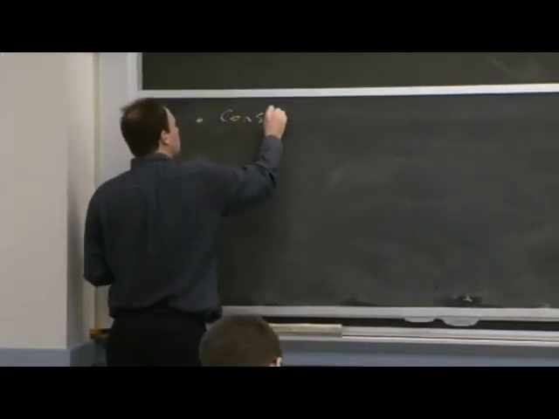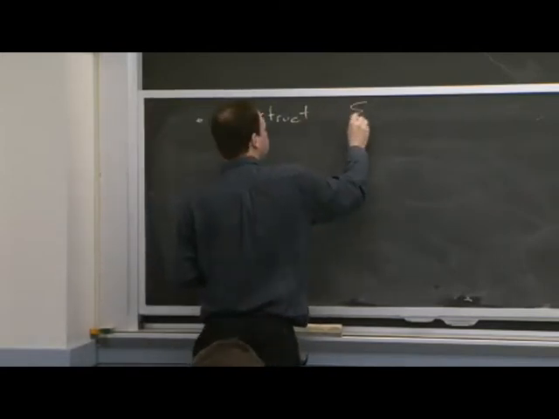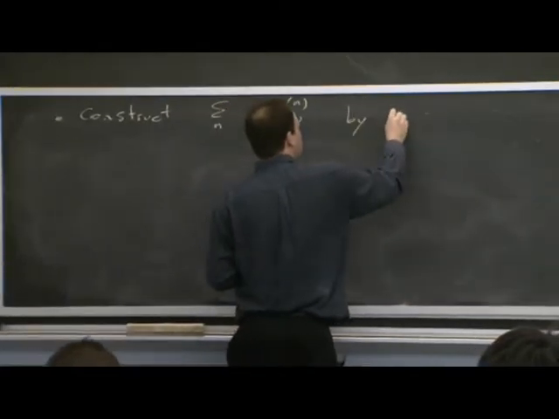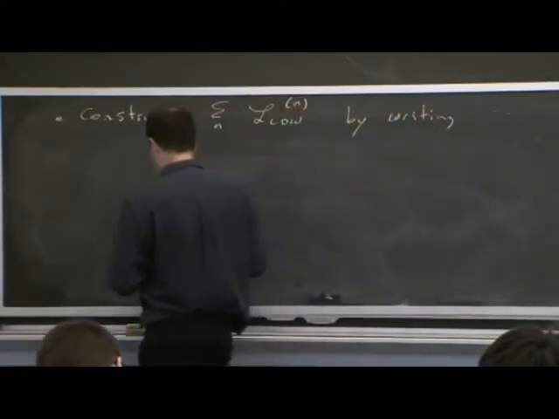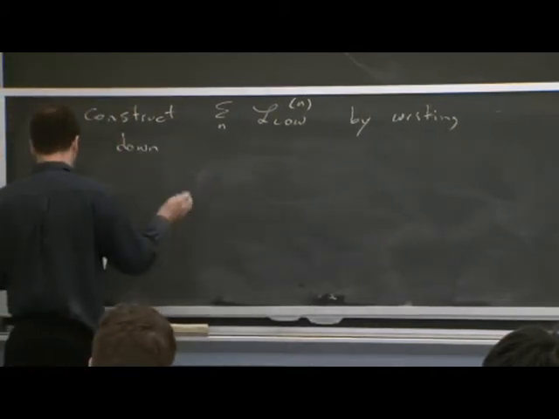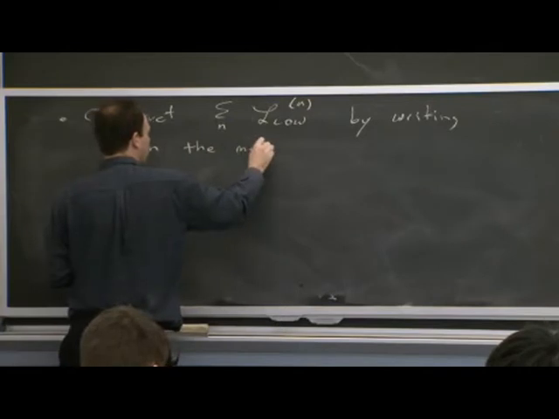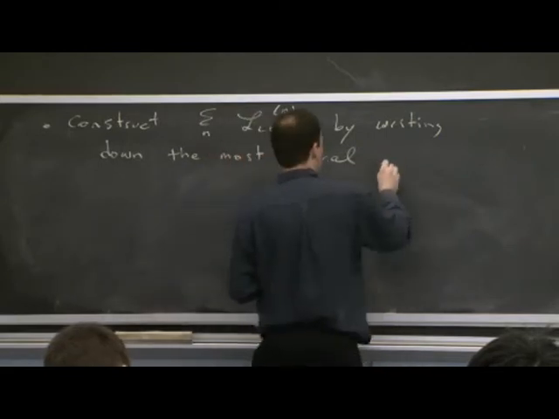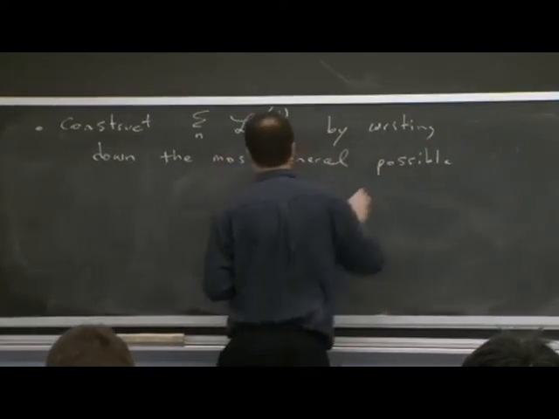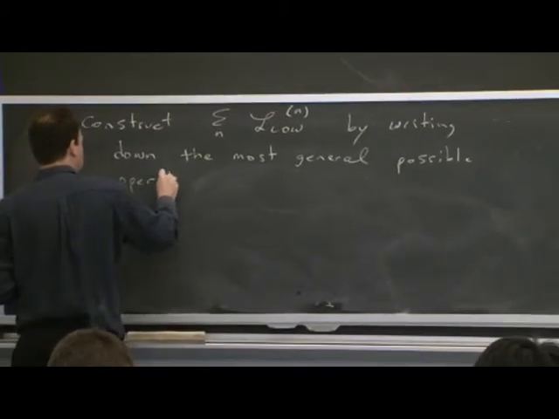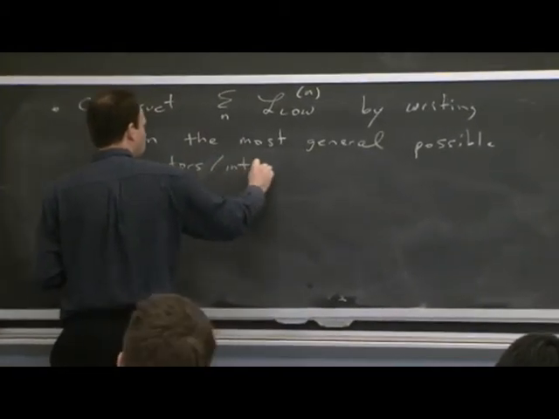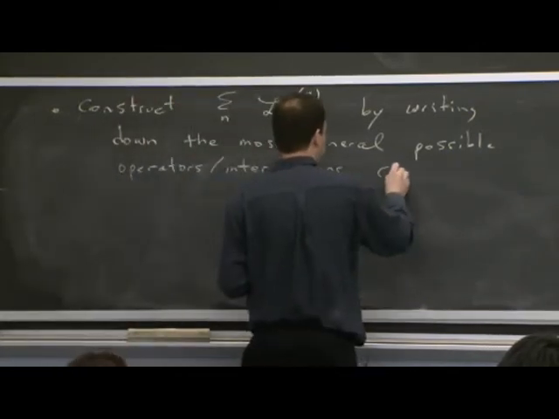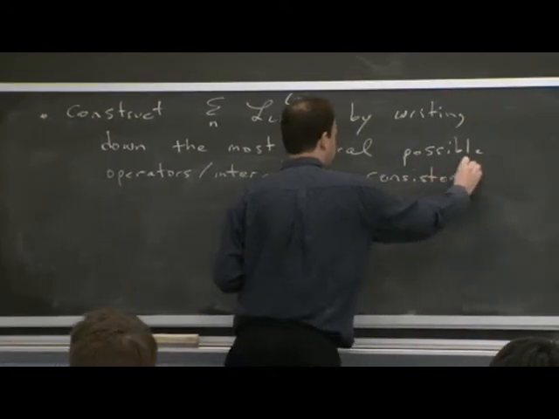So you construct this series simply by writing down the most general operators that we can think of, consistent with whatever degrees of freedom we have, and of course consistent with the symmetries that we're imposing.